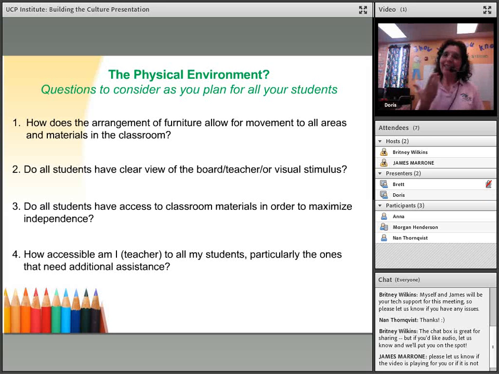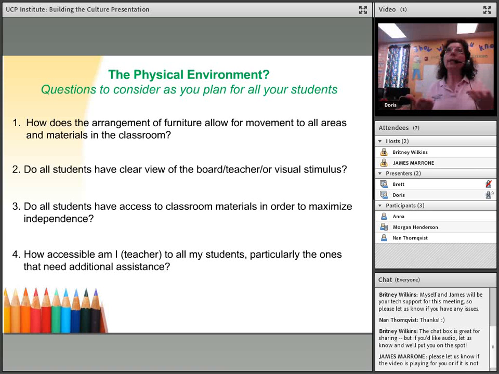And then you, the teacher, how accessible are you to each child in that classroom? How quickly can you get in and around the desks? How necessary are those children who are sitting in a particular place? Can you get to them as quickly or on a need basis?